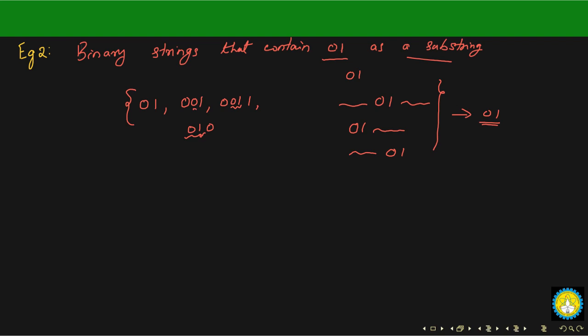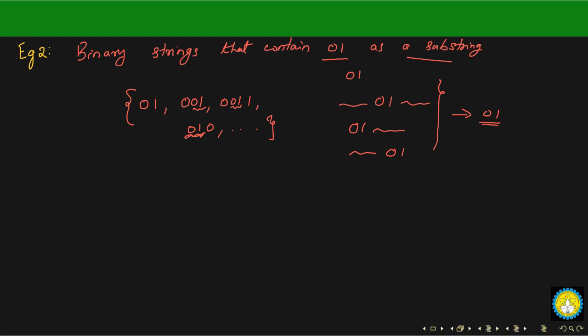Here you have 0 1 in the end, in this example you have 0 1 in the beginning, and in this example you have 0 1 in the middle. So all these different types of strings have to be accepted.